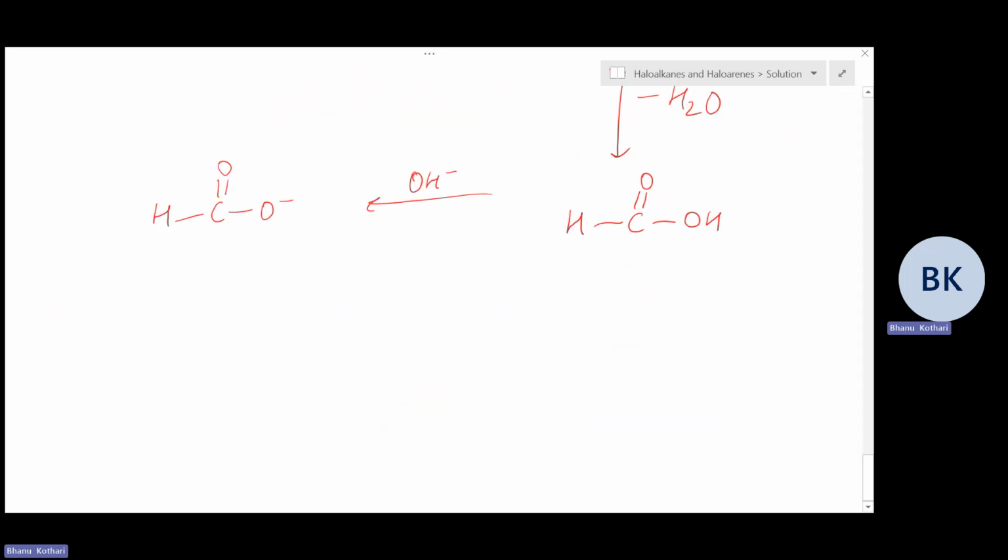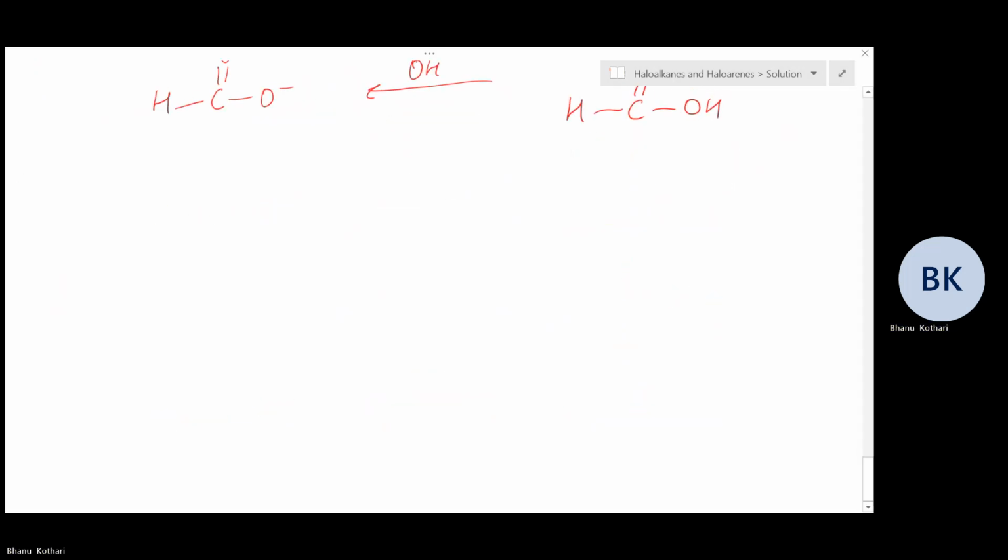Let's look at the next question. Question number 21. Total number of isomers of C5H11Cl are. We don't have to include the optical isomers; the stereoisomers have to be excluded.